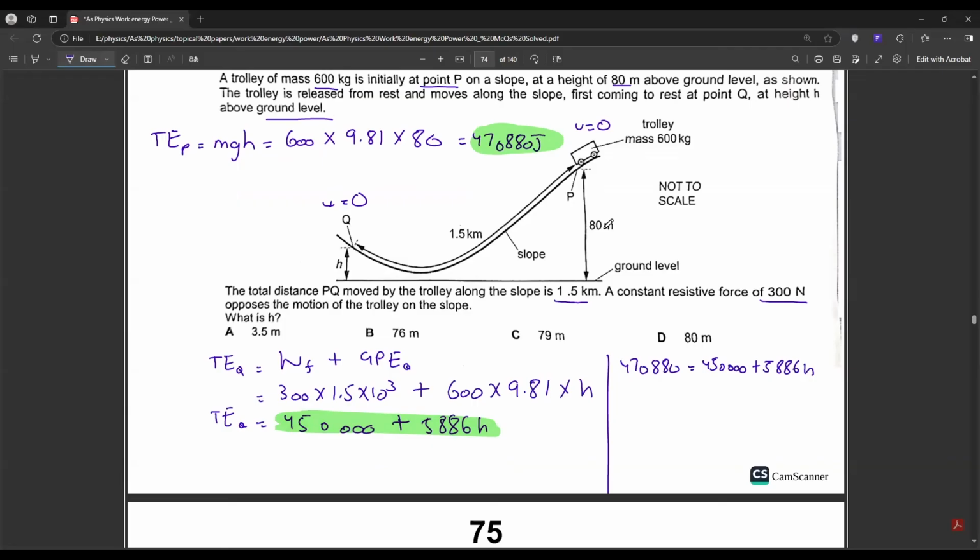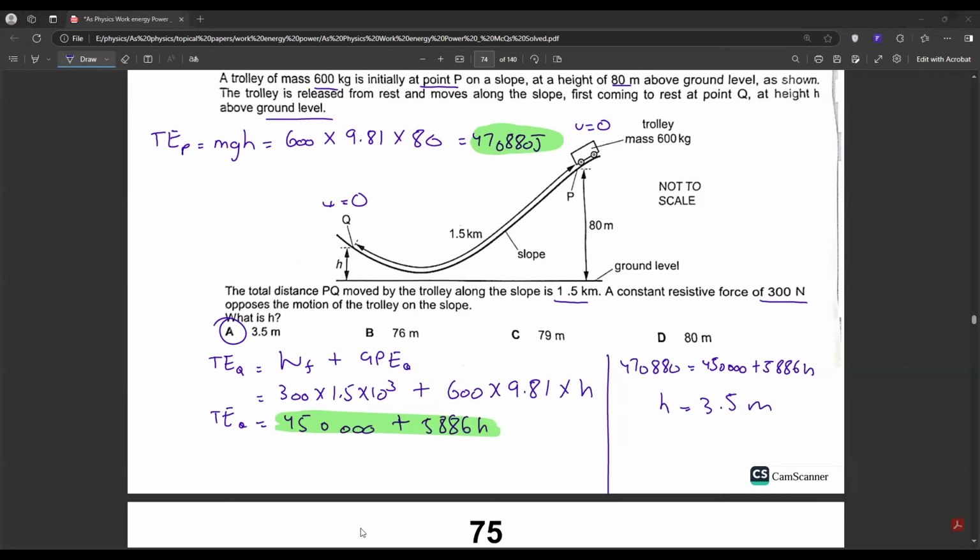So H is 470,880 minus 450,000, divided by 5886. H comes out to be 3.5 meters. The answer to 74 should be A, and in the marking scheme it is A.